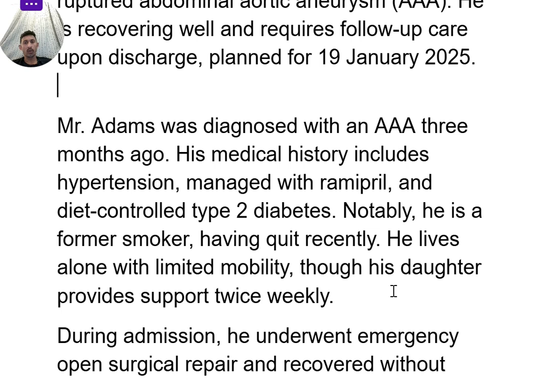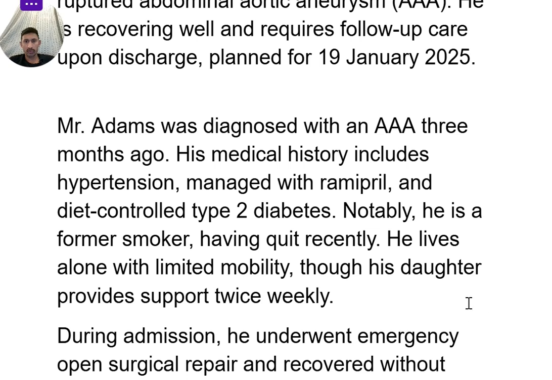So we included his social history as well, because that is also important after the surgery, for how we can provide him follow-up care.